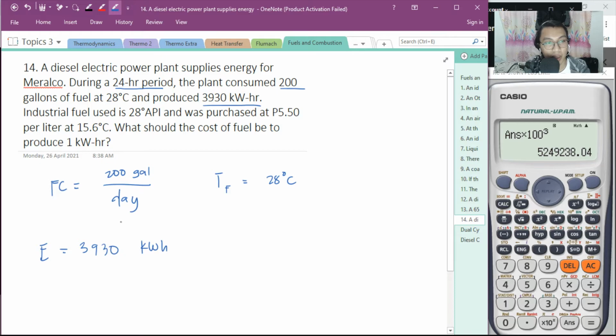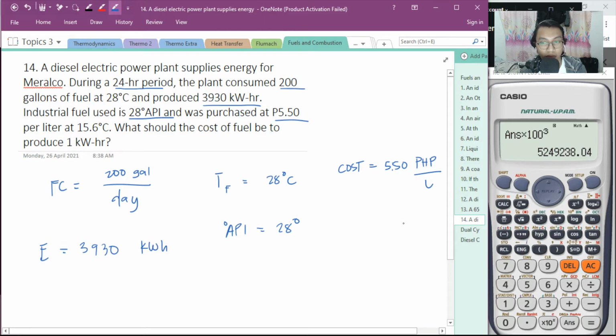Okay? Industrial fuel used is given ng API mo equal to 28 degrees. Was purchased at 550 pesos per liter. What should the cost of fuel be to produce 1 kilowatt hour?